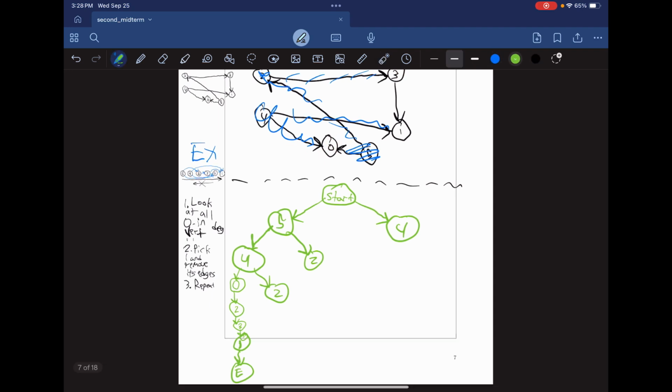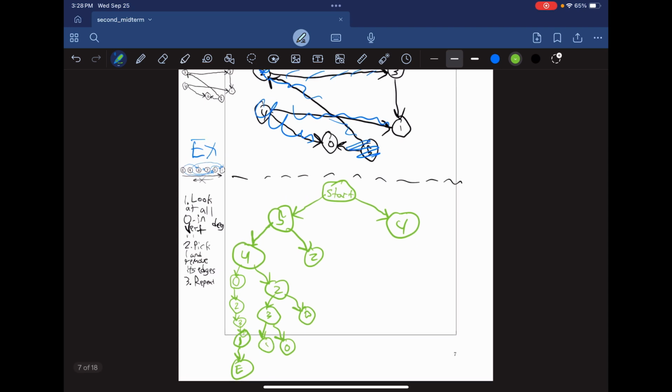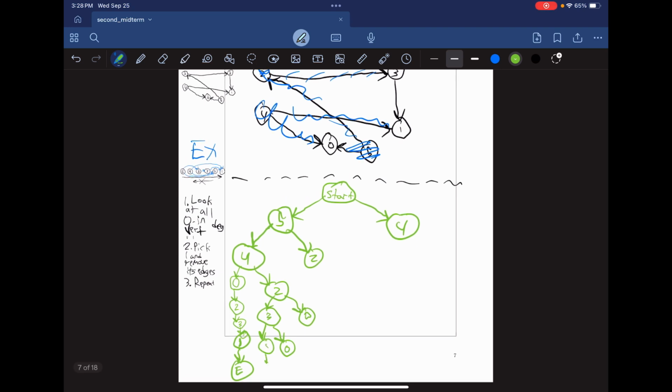So under that 2, we either have 3 or 0. If we removed the 3, then we could either do 1 or 0 as our next one. And regardless of which one we do, we would have to do the other one as our last vertex.